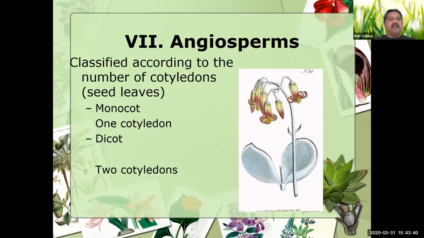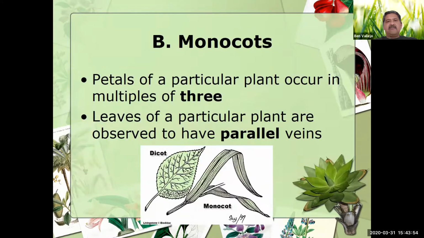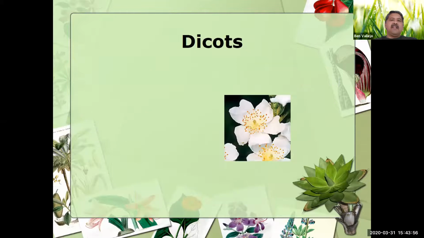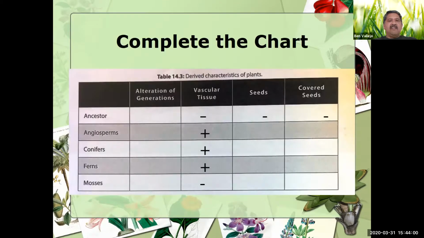Remember, if you have one, you're a monocot. If you have two, you're a dicot. So now we should be able to complete our chart by doing that. Angiosperms have seeds, and those seeds have a cover. Alrighty, so this is information that we've already gone over here, monocot and dicot.